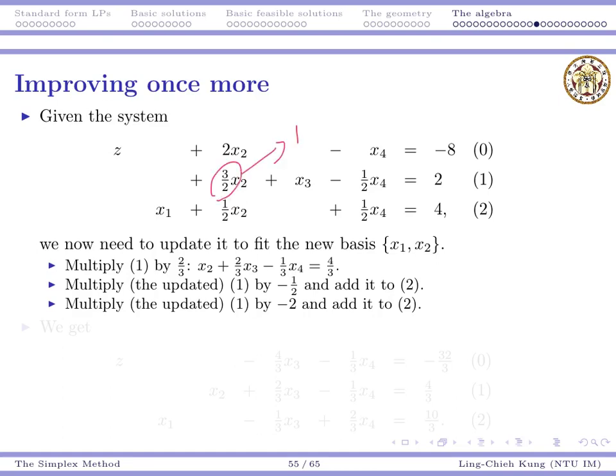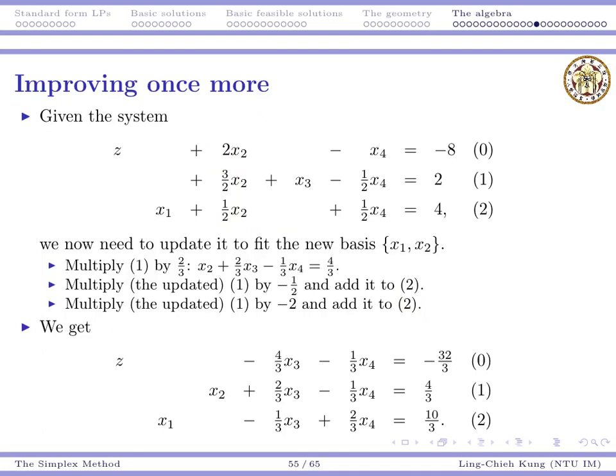And then I should multiply the updated constraint 1 by -1/2 so that we can eliminate this thing, get it into 0. And then I should multiply the updated constraint 1 by -2 and add it to constraint 0, so that I can eliminate the objective part into 0. Exactly what we did for the first iteration.